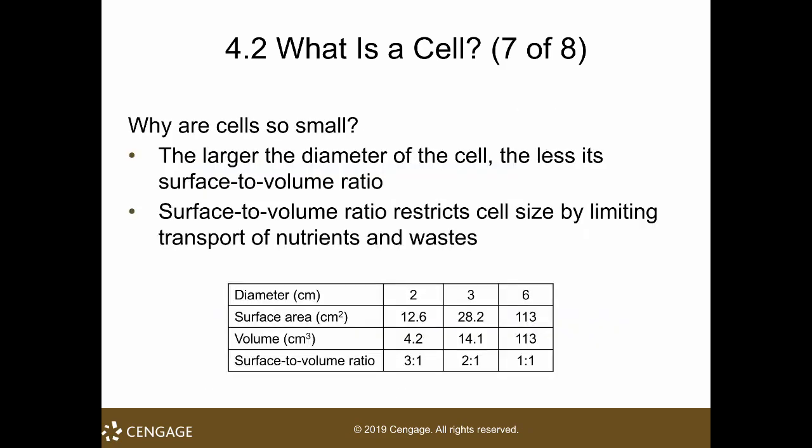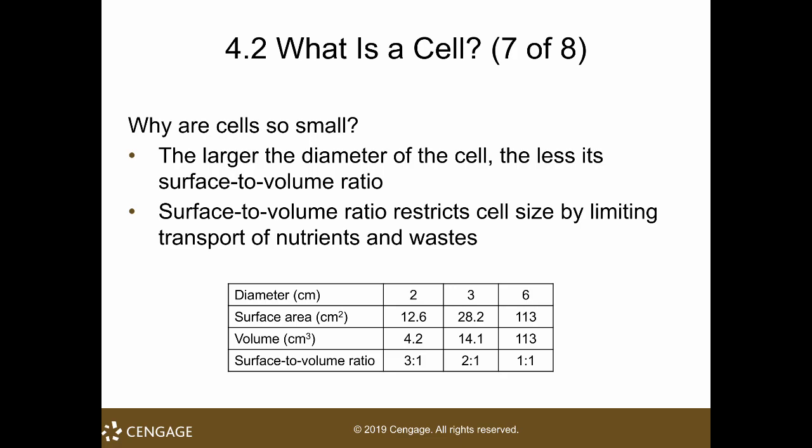So why are cells so small? So the reason for that is to maintain a high surface area to volume ratio. So there must only be a certain surface area to volume ratio for the cell. If you have a very low surface area to volume, that means you have a small surface area and then a very large volume.